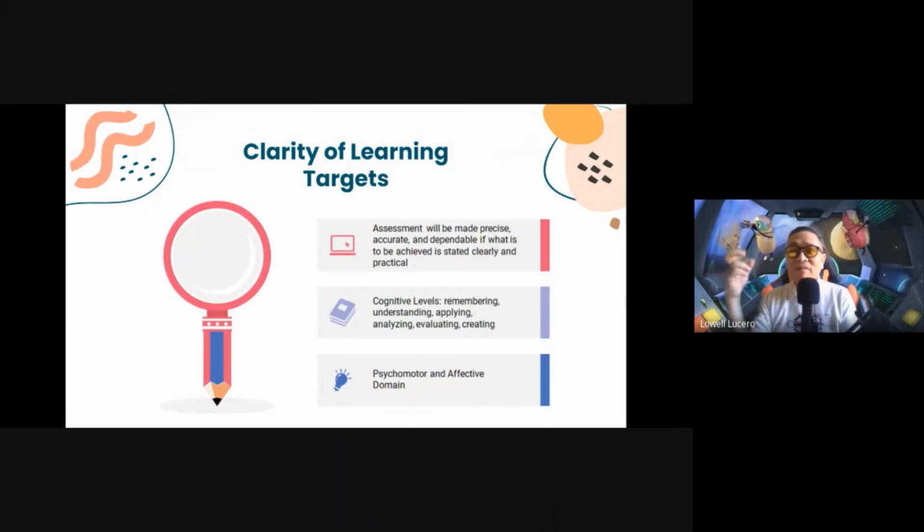Okay. So, ano ba yung behavioral objectives, yung statements? Dapat yung terms na ginagamit mo doon sa objective mo, that can be easily observed from your students. Pag sinabing to know, paano mo i-assess yung to know? Di ba medyo broad, vague? Tama ba? Okay. Hindi siya precise, hindi siya accurate. Rather, reconstruct yung objective.